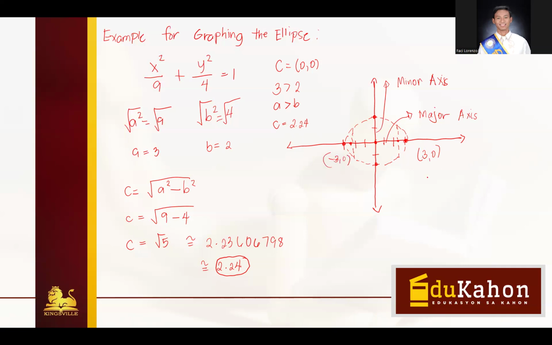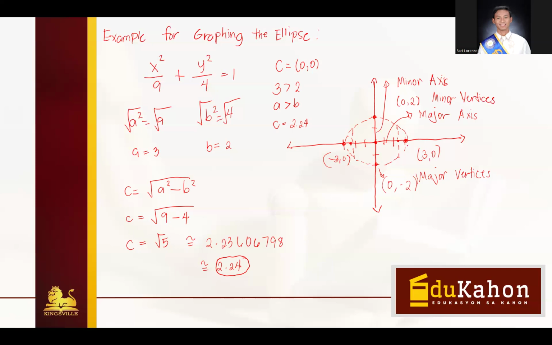So these are what we call your major vertices. Since we have also the minor axis, we have also our minor vertices, which is 0, positive 2, and 0, negative 2. And these points determine your minor vertices.